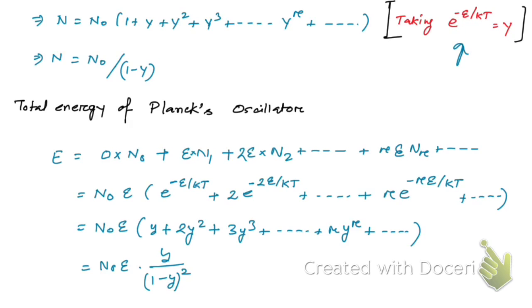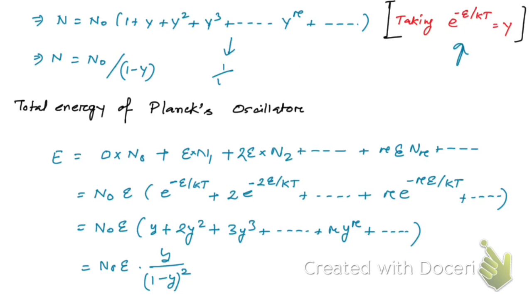As I have already told you, the sum is equal to 1 by 1 minus y for y very less than 1, because here y is equal to e to the power minus epsilon by kT. That's obviously very less than 1, so that's why we have got this result. So this one into N naught, we have got this expression.